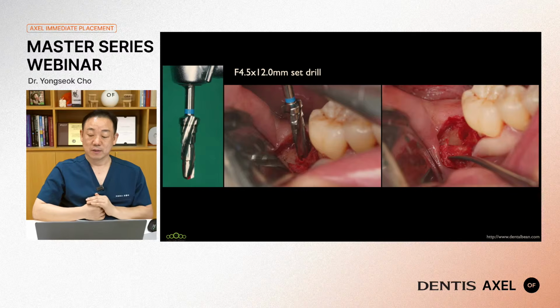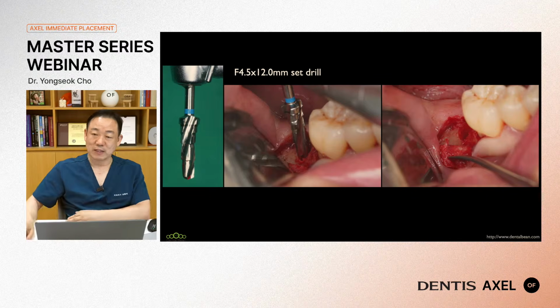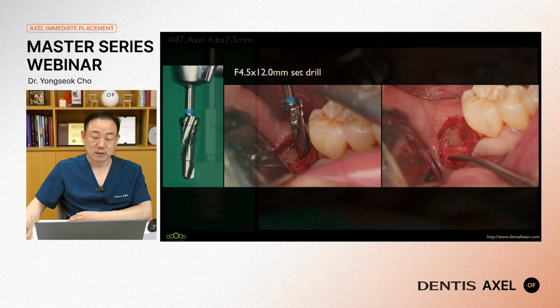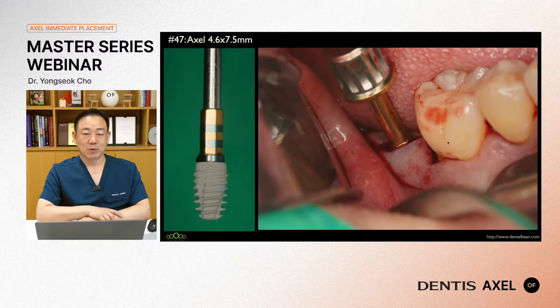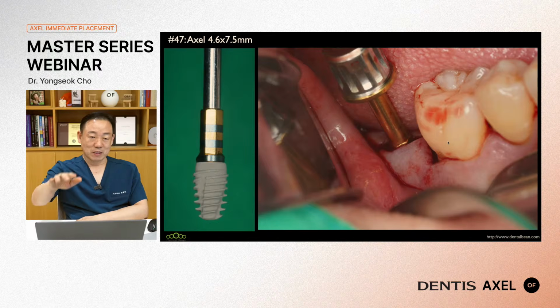Okay? Look at the right slide. Here, at the osteotomy, the proximal lingual bone height and buccal bone are quite different. And I selected the 4.6 by 7.5 implant. It was placed deep enough to hide the thread.